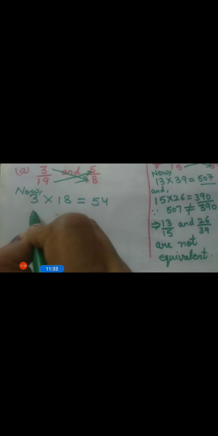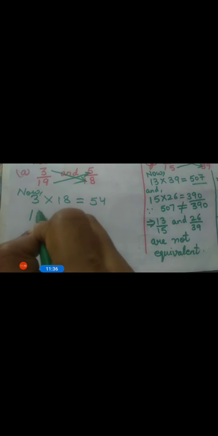So now 3 into 18 is equal to 54. 18 3s are 54, and 19 into 5 is 95.